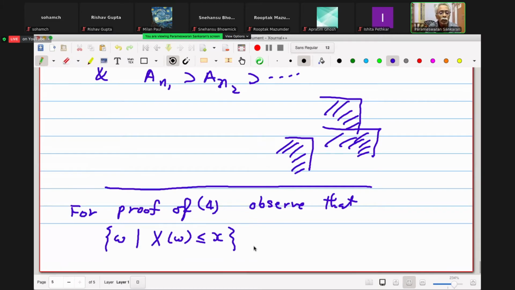The second one, there is no restriction, right? It is equal to the set of all omega such that X(omega) and Y(omega). You just keep track of this Y(omega). This is less than or equal to, sorry.